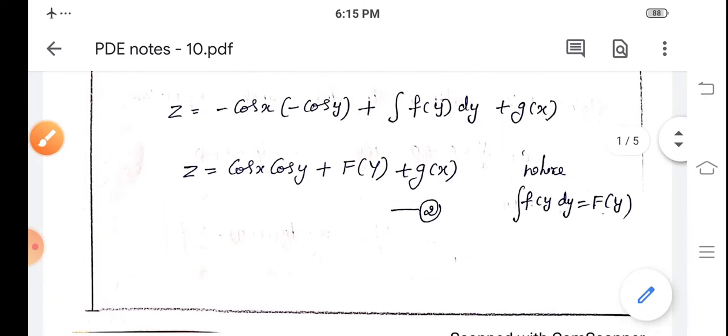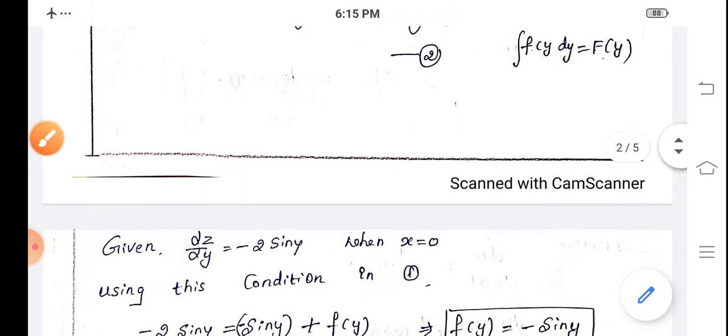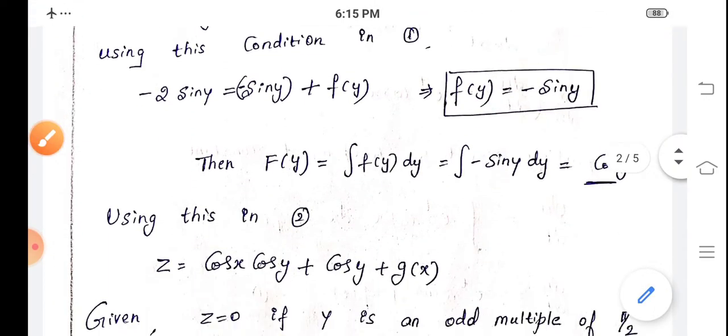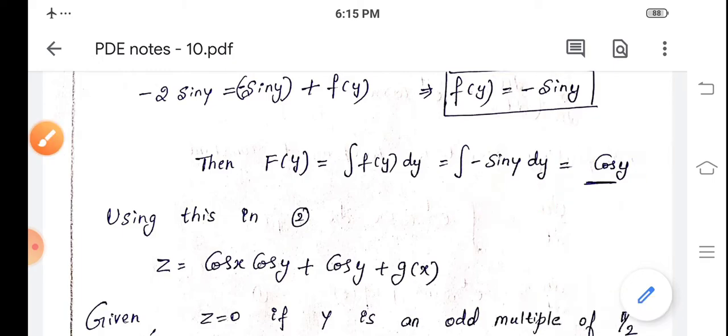Now we can find capital F of y, because capital F of y is integration of f(y) dy. We have already obtained f(y) as -sin y. So capital F of y is the integration of -sin y dy, but integration of -sin y is cos y.